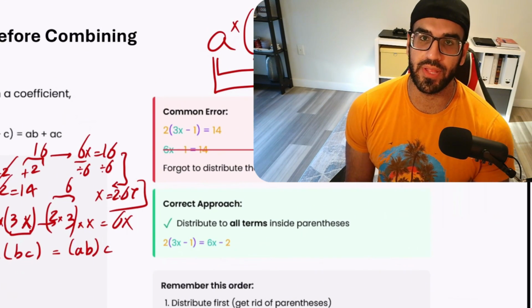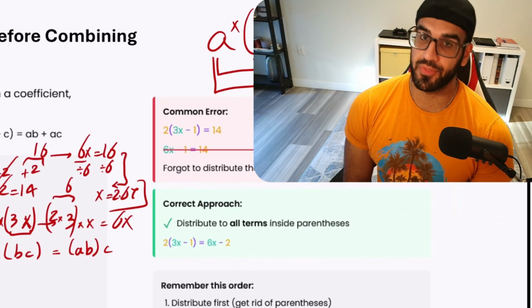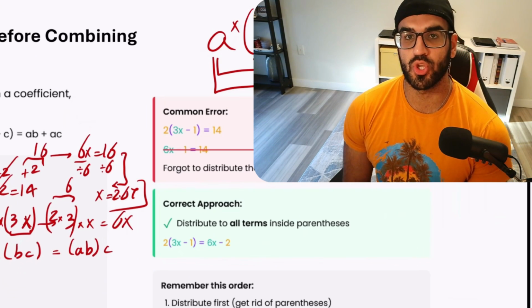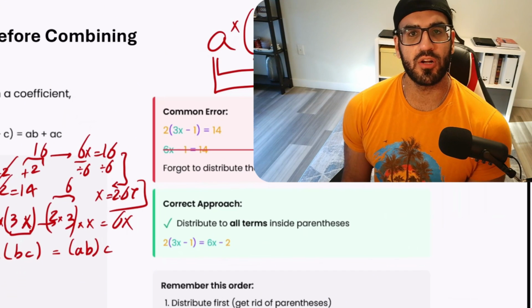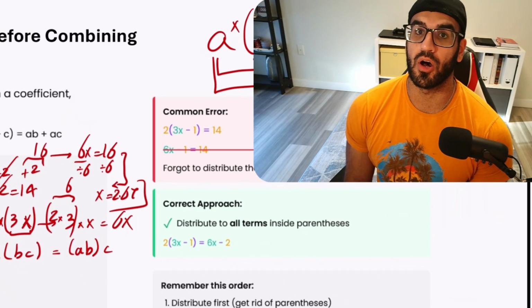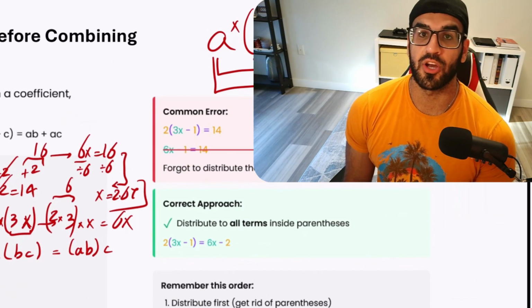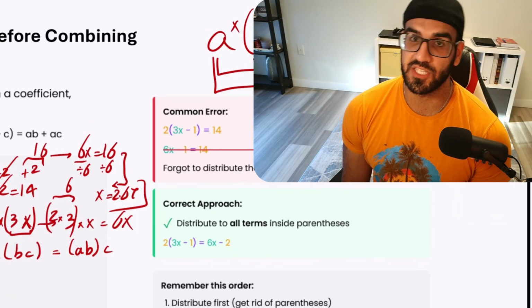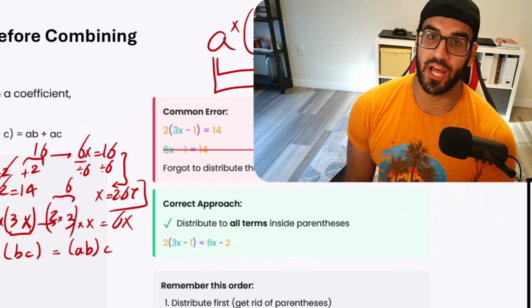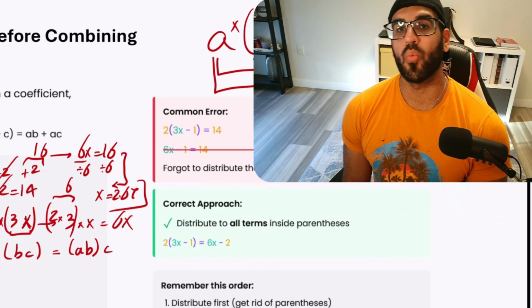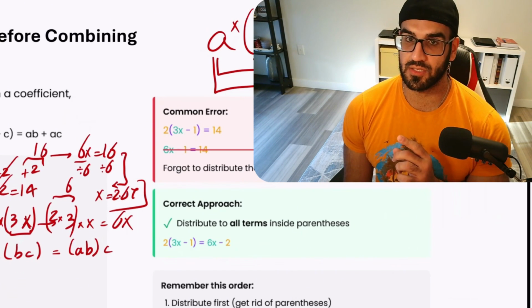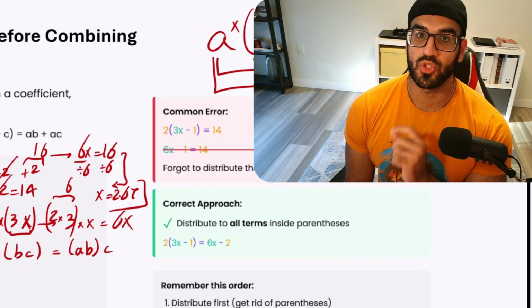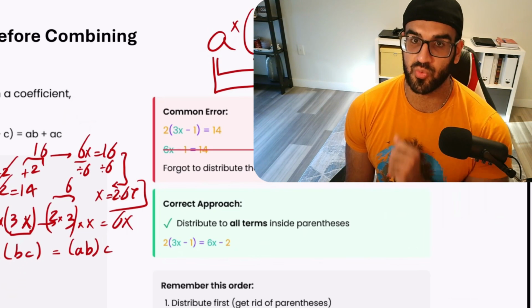For sure, we know that we have to multiply 2 by 3x and minus 1. So they're going to do that. Okay, we are doing the multiplication, but not all the way to the end. They are going to multiply 2 by 3x, which is 6x, but they would forget about negative 1. So one of the reasons that I ask you to double check your answer, to reevaluate your answer, is for this time.